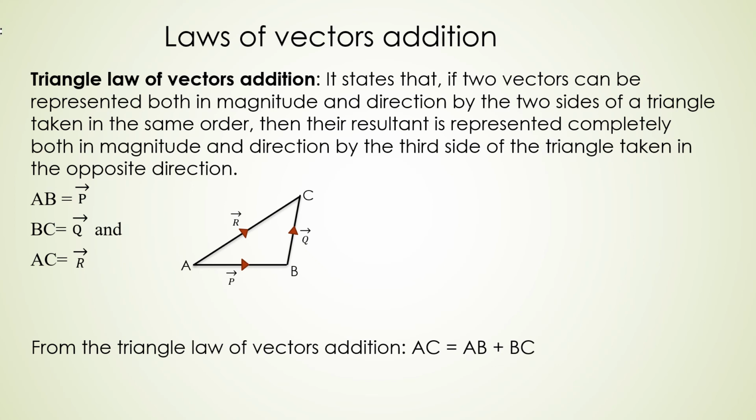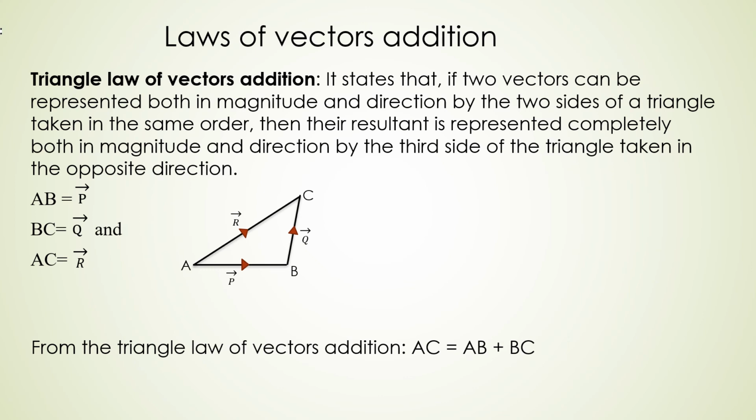Let's understand. Let's see the triangle ABC. AB is equal to vector P, BC is equal to vector Q, and AC is equal to vector R. Let P and Q be the two vectors represented both in magnitude and direction by the sides AB and BC of triangle ABC taken in the same order. You can see the arrow marks, they are taken in the same order.